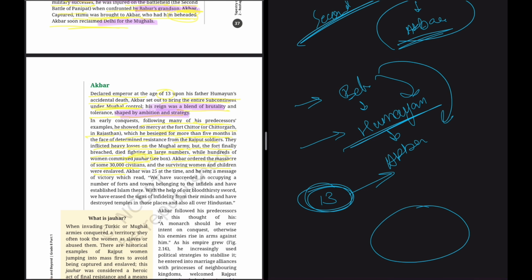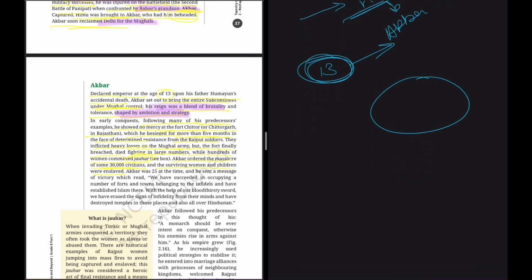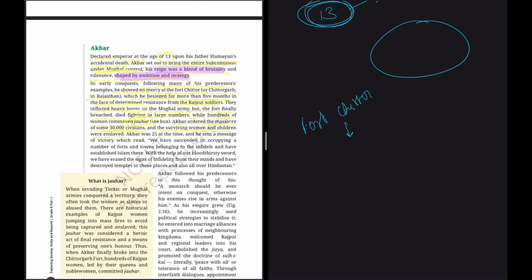So like his predecessors, Akbar was also a brutal leader, and he showed no mercy. One such example was Fort Chittor, of Chittorgarh in Rajasthan. He kept his armed forces around the fort for more than 5 months, even though he faced determined resistance from the Rajput soldiers.